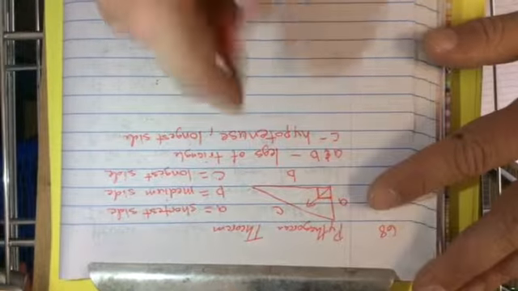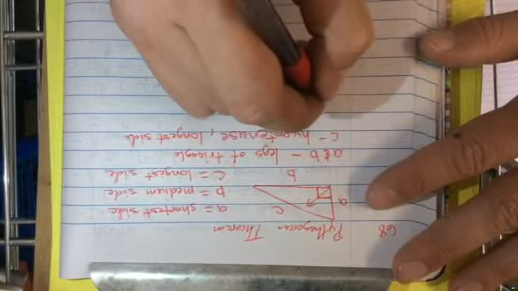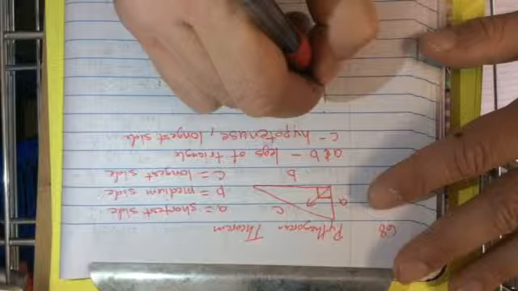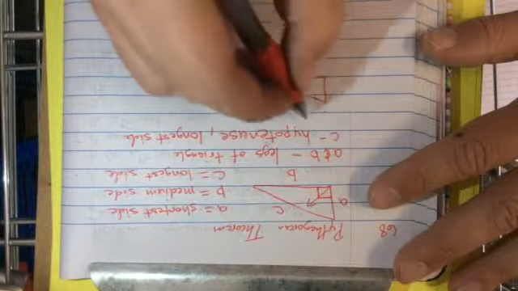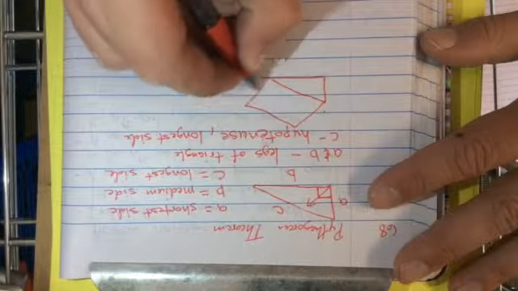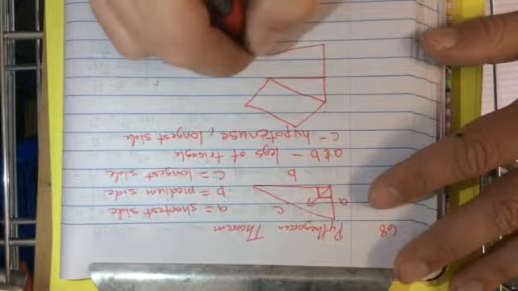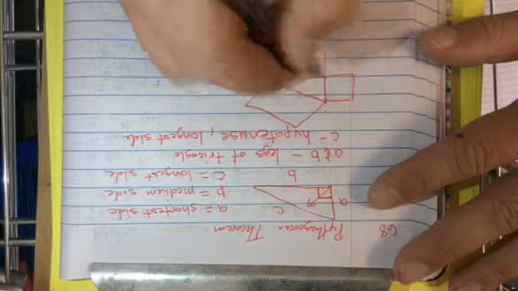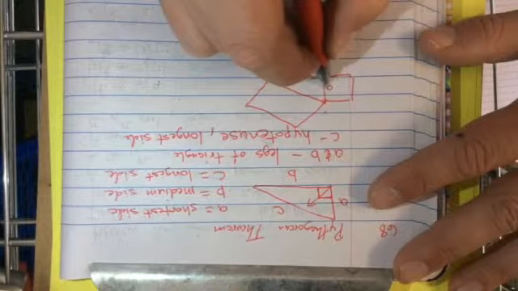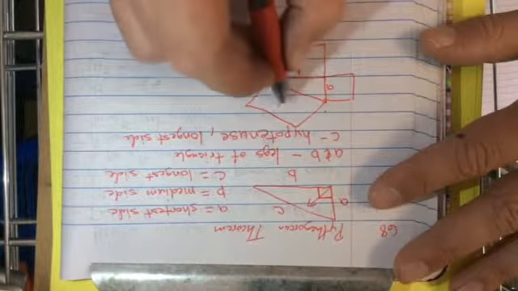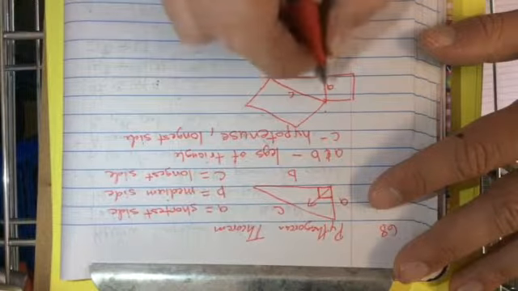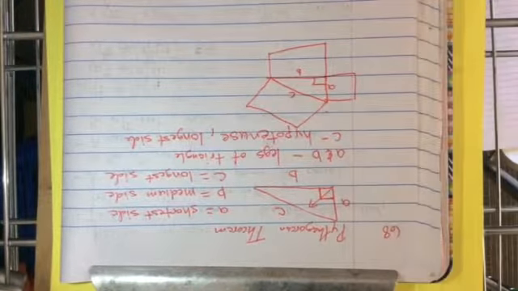So I'm going to go ahead and draw you a picture here, and then I'm going to ask you a question. So the shortest side A, medium side B, longest side C, the hypotenuse.